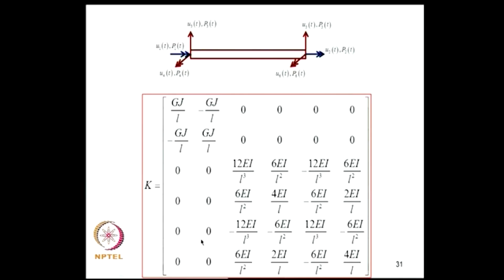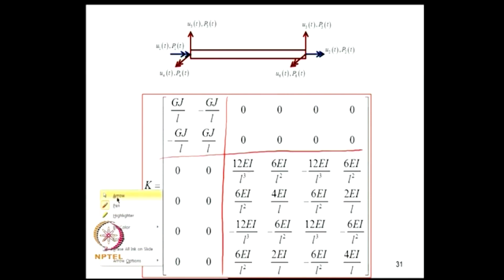With the numbering scheme that we have adopted, 1 and 2 were twisting degrees of freedom and 3, 4, 5, 6 were bending. So, the K matrix in this case has this form, and you can see that this is the contribution due to twisting and this is the contribution due to bending.